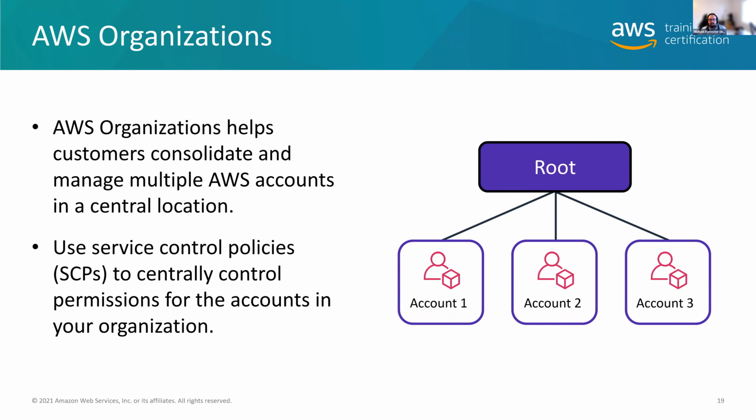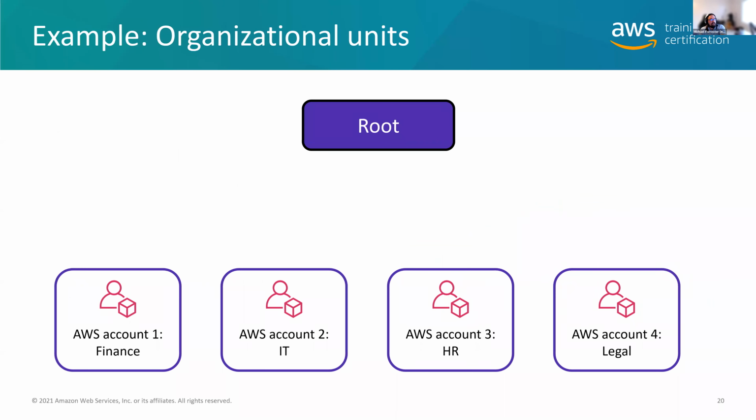Now, the way this works is that you can apply what's called service control policies to place restrictions on the services, resources, and even individual API actions that users and roles in each of the sub accounts can actually do. Now, you can do this over the entire organization. You can apply an SCP to an individual account, or you can apply it to what's called an organizational unit.